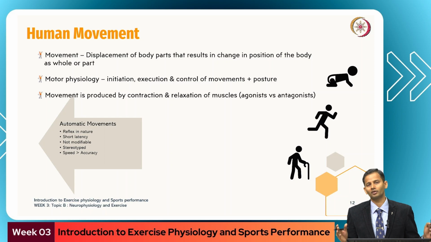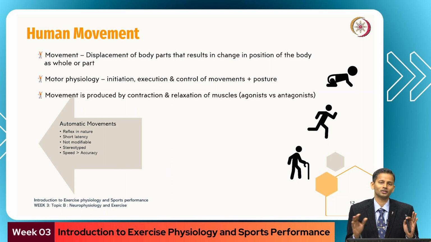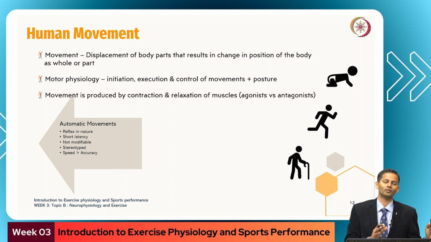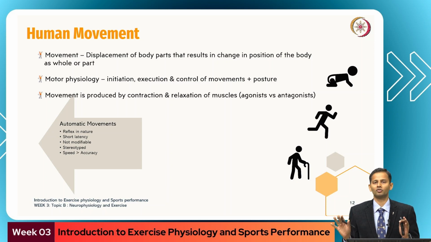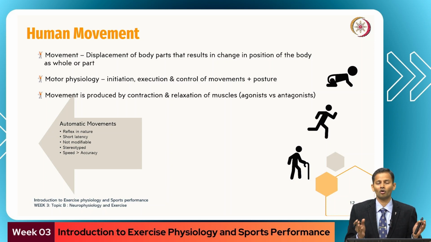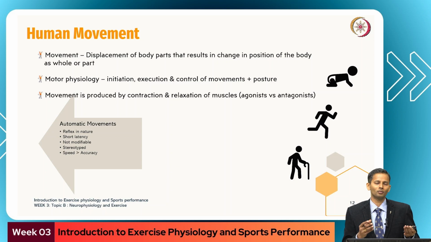Broadly, movements can be classified as automatic movements and volitional movements. Let's see what an automatic movement is. Automatic movements are like a reflex. They are generally stereotyped and very simple. Speed of movement is more important than accuracy. What do we mean by speed versus accuracy? Speed is performing an activity in the fastest period of time irrespective of how you are doing it.